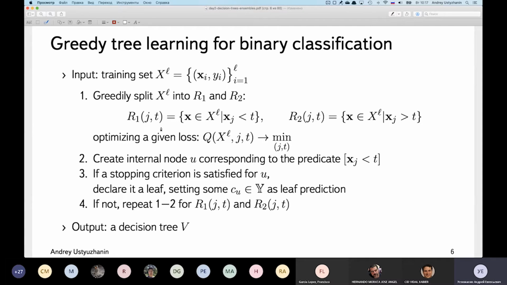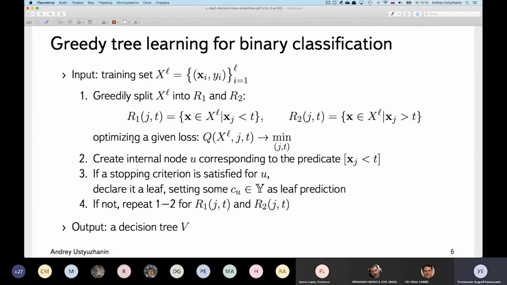You see that the decision for splitting this whole set into subsets is performed over a specific feature number j and a specific threshold value t.